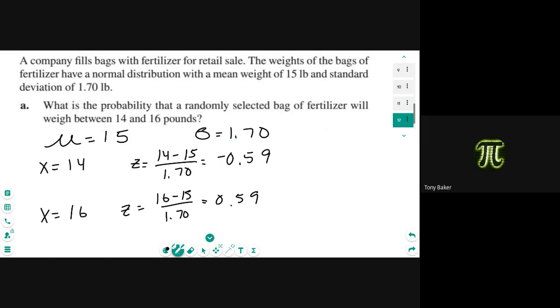All right, so we look up negative 0.59, and we get 0.2776. Everybody find that on their sheet? And this one should be 0.7224.